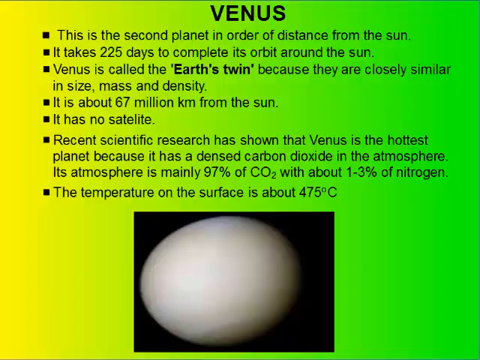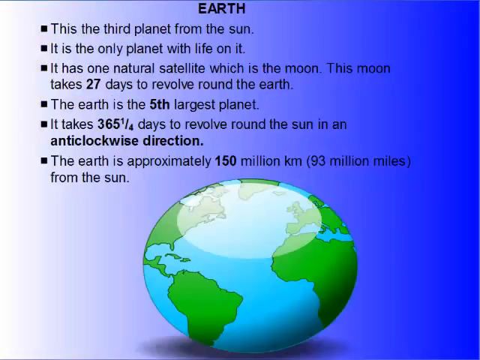The third planet is the Earth. And as we all know, it is the only planet with life on it. It has one natural satellite, which is the moon, and this moon takes 27 days to revolve around the earth. The earth is the fifth largest planet.